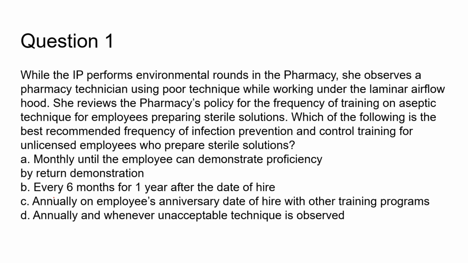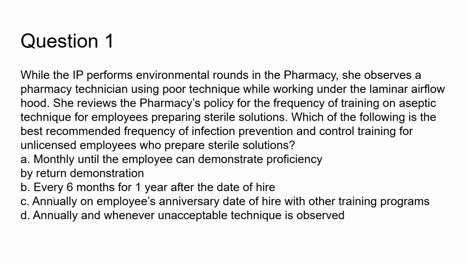So question 1, while the IP performs environmental rounds in the pharmacy, she observes a pharmacy technician using poor technique while working under the laminar airflow hood. She reviews the pharmacy's policies for the frequency of training on aseptic technique for employees preparing sterile solutions. Which of the following is the best recommended frequency of infection prevention and control training for unlicensed employees who prepare sterile solutions?